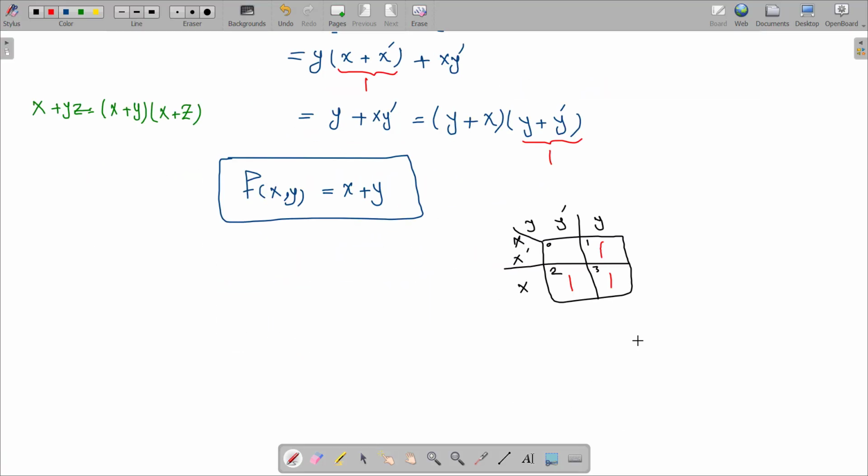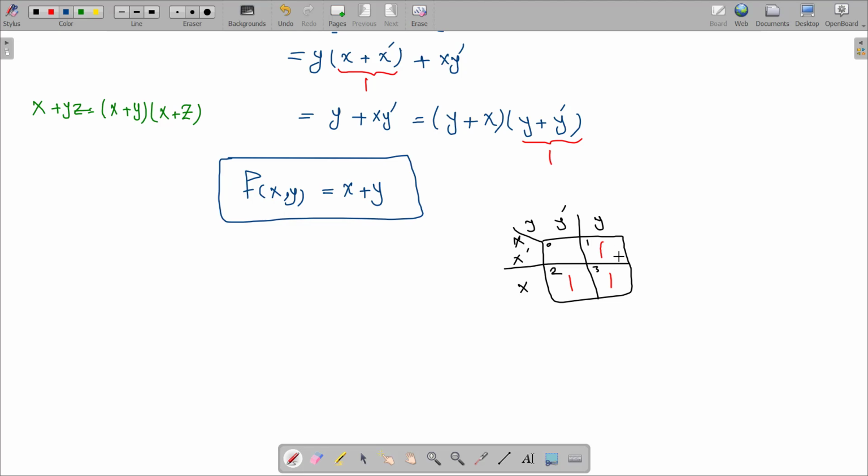Now, what should I do? We have to make the groups. But how can we make these groups? We have to group the neighboring ones. So how can we define the neighbors?